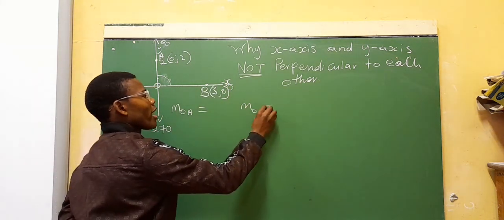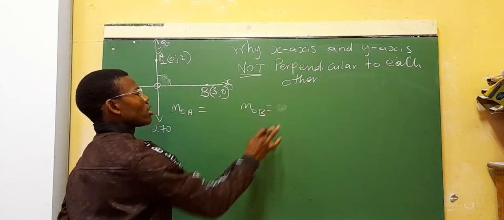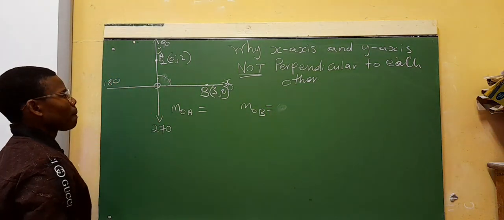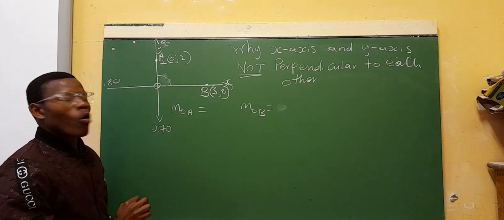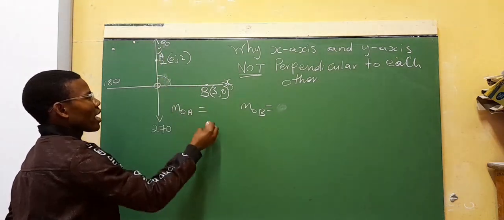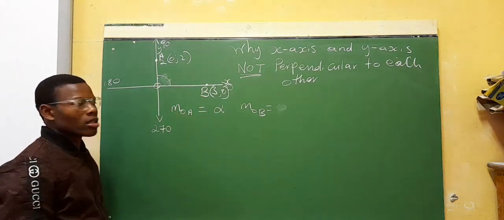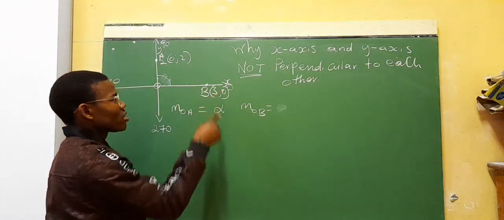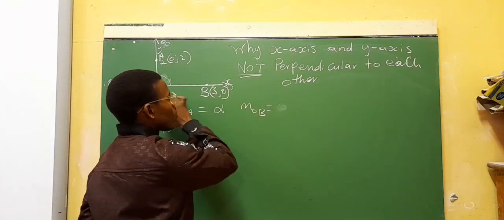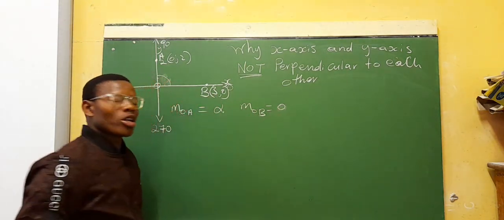Now, I need to find the gradient of these lines. The gradient of OA is just a vertical line, so it is undefined. And the gradient of OB is just a horizontal line, and the gradient is equal to 0.